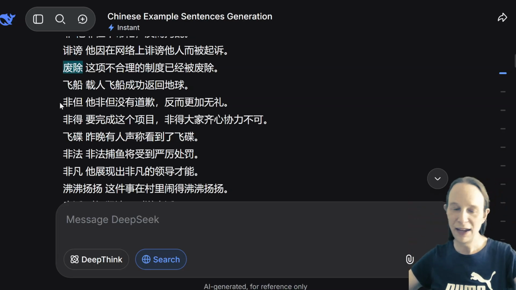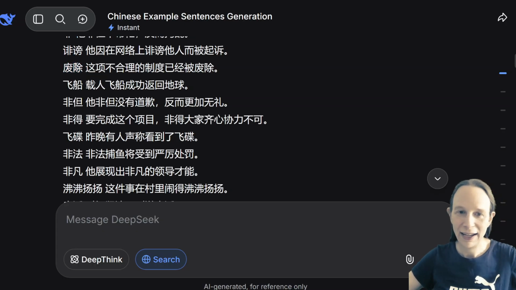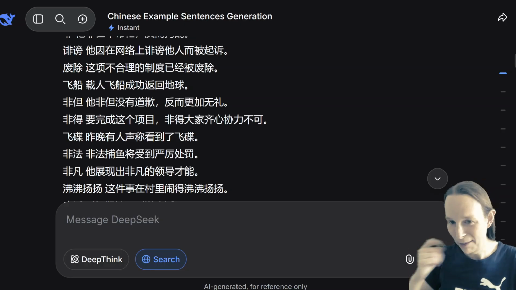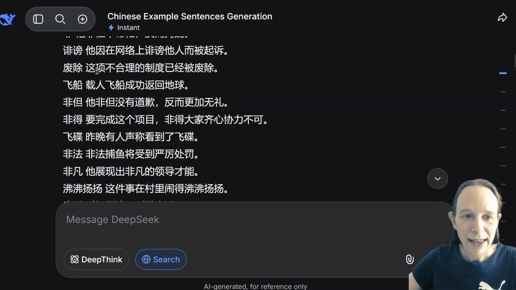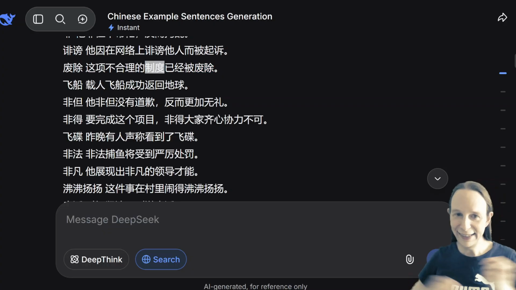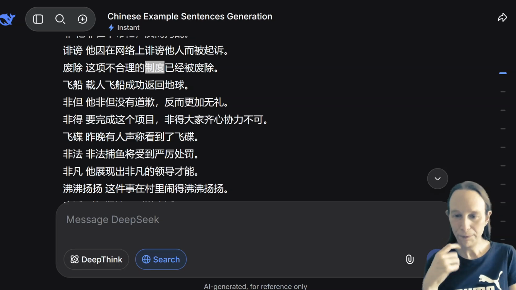废除, abolish. You can abolish a law. Maybe the law's not working out, like prohibition. Maybe you would want to abolish that. Oh, it's abolish an amendment, isn't it? 这项不合理的制度已经被废除. 制度 is a system. 不合理 is unreasonable. An unreasonable system. Usually a 制度 is like a governmental system.